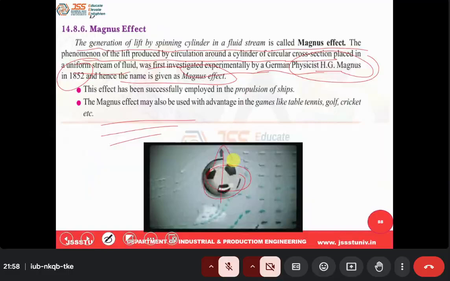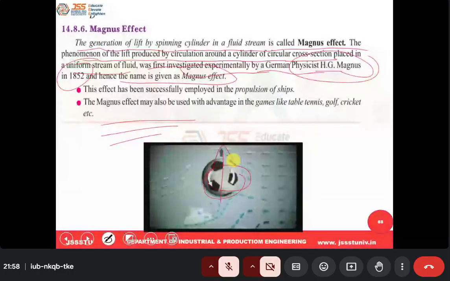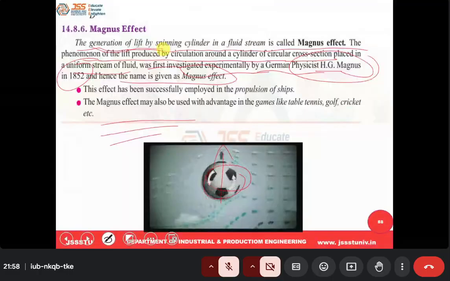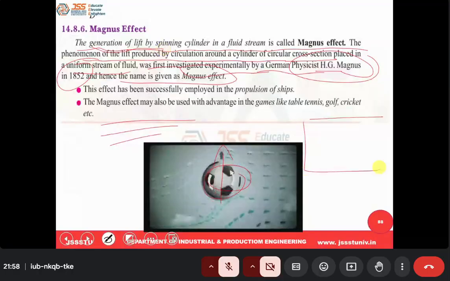It is rotating along the flow direction, and this creates an upward movement of the ball. That is called the Magnus effect: the generation of lift by spinning a cylinder in a fluid stream. They are talking about a cylinder or spherical shape, anything which will give the highest Magnus effect. One more example you can see is the football.